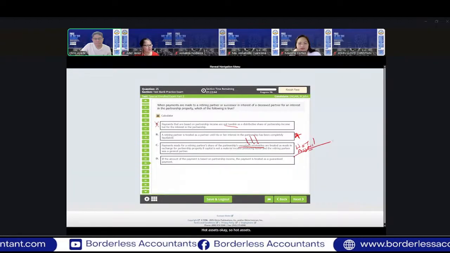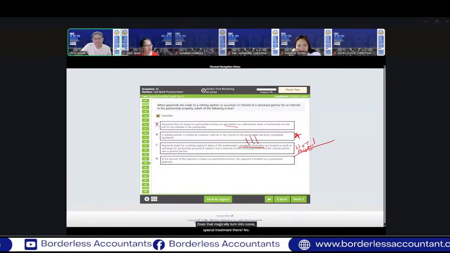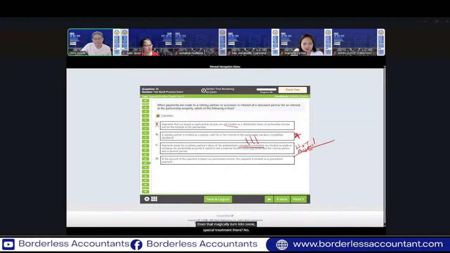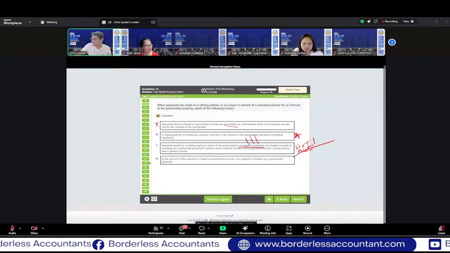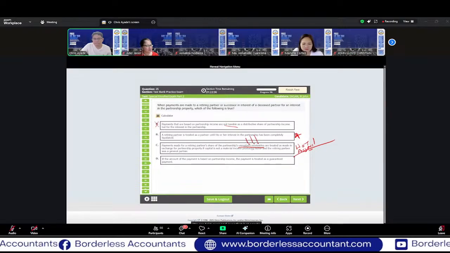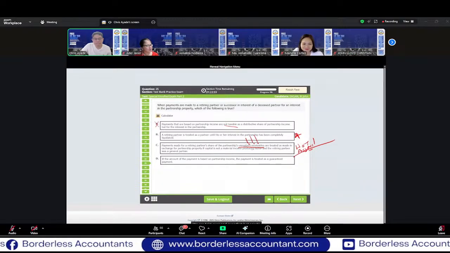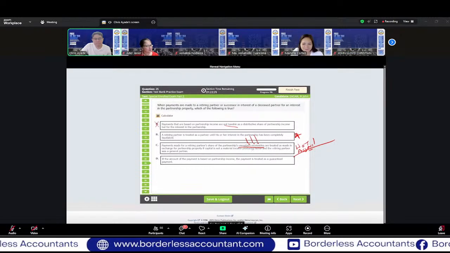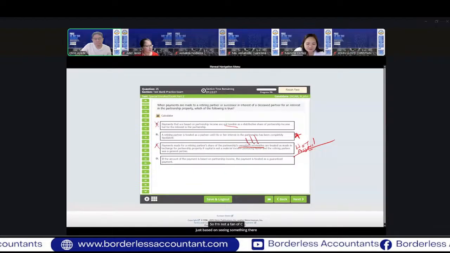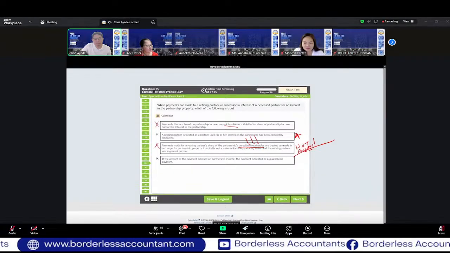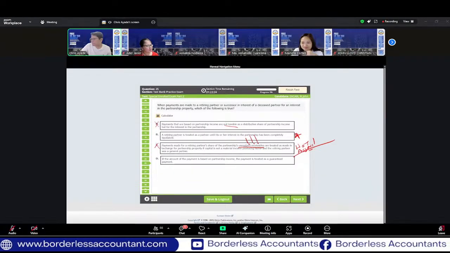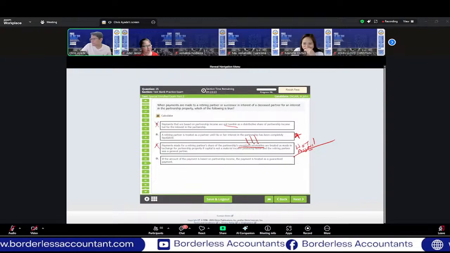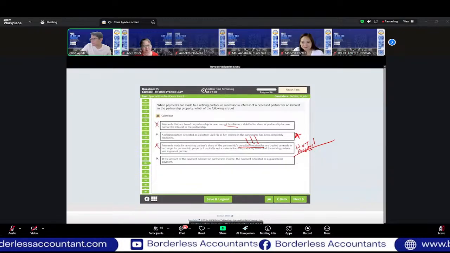Okay, so hot assets. Does that magically turn into some special treatment there? No, we are told over and over that hot assets are just treated as ordinary income. So I'm not a fan of C, just based on seeing something there that hot assets would get a special carve out. D, if the amount of the payment is based on partnership income, the payment is treated as a guaranteed payment.